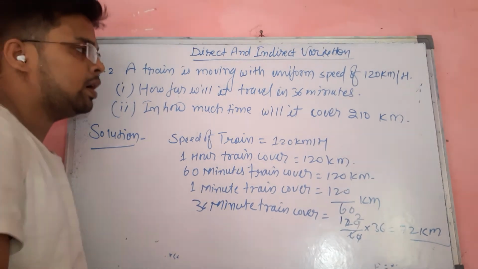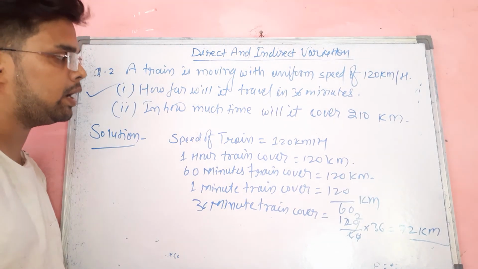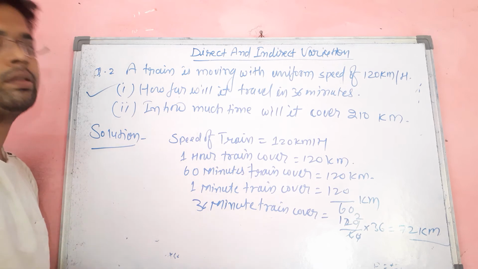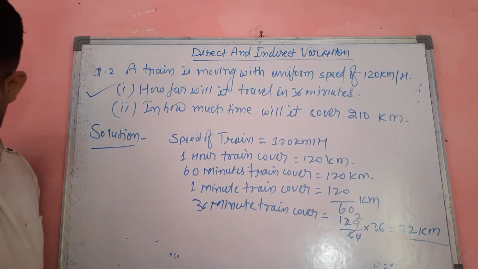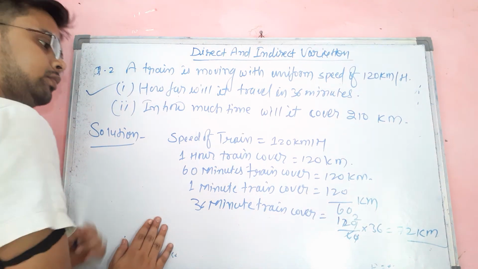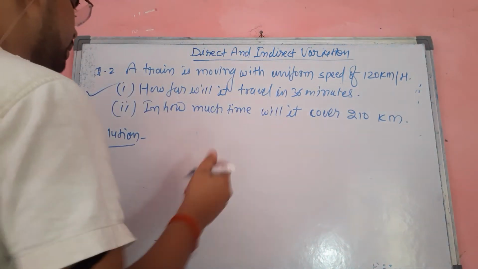Understood or not? Now we have completed our first answer. Now we will move to the second answer. For that I will make a table. Take the screenshot of this. Okay, can I rub this? Now I will make the table.